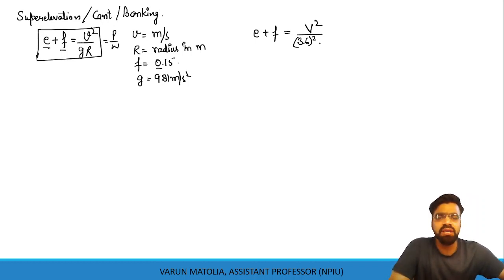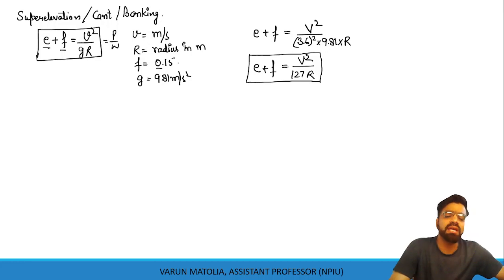The value of G can be written as 9.81 and R, which is different for each condition. So this expression now becomes, if you multiply this, 127 point something. So we are removing that point something. So this is the final formula which we will use for calculating super elevation.